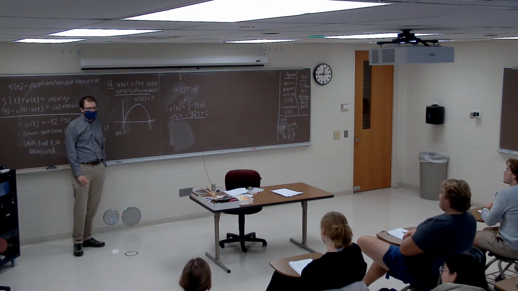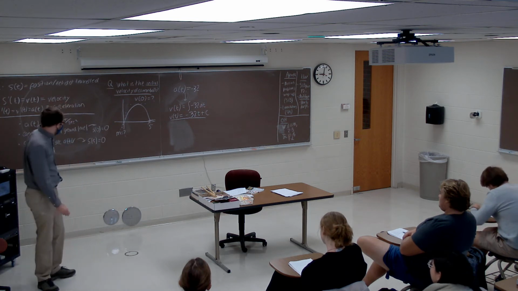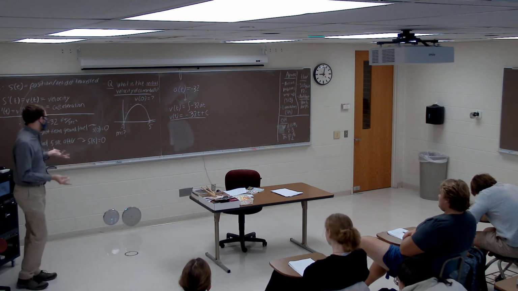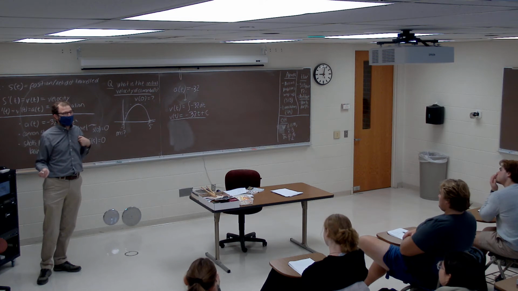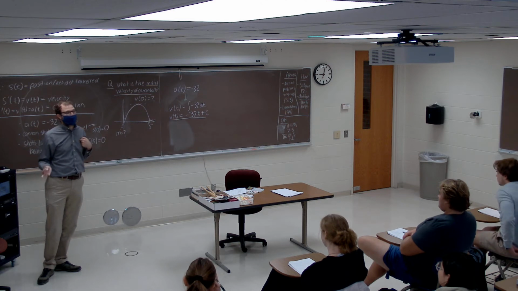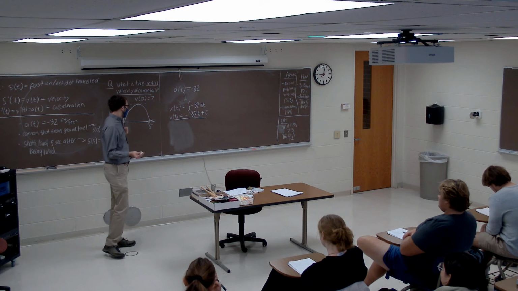You're not wrong, but that's not the approach I wanted to take for this one. No, that's perfectly okay, and that's a good idea. Since we're firing from ground level and landing on ground level, halfway in between is going to be the point where we have a velocity of 0. So at t equals 2.5, the velocity equals 0.